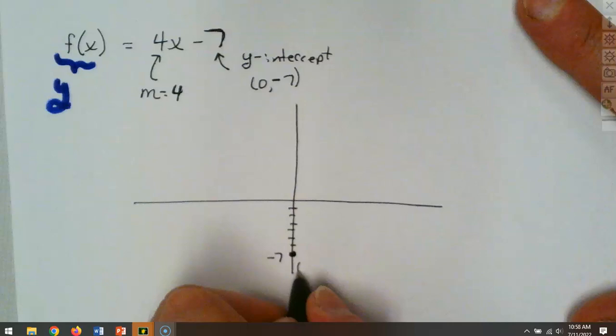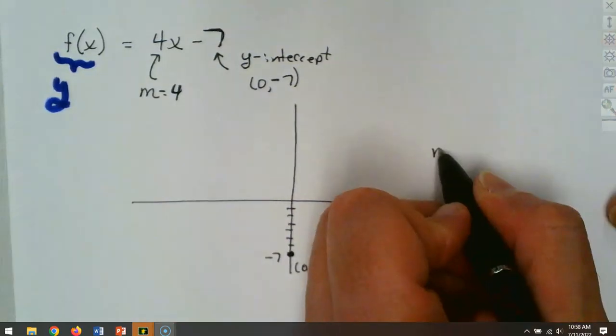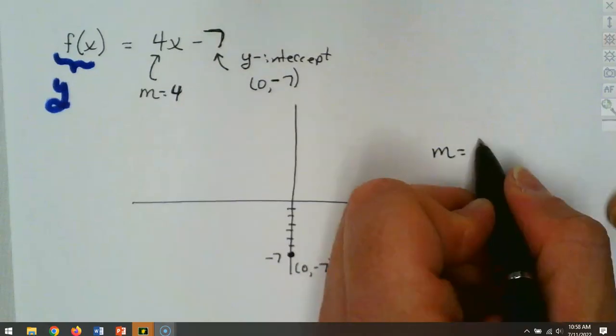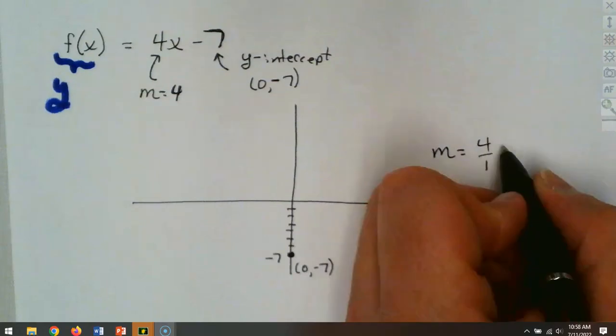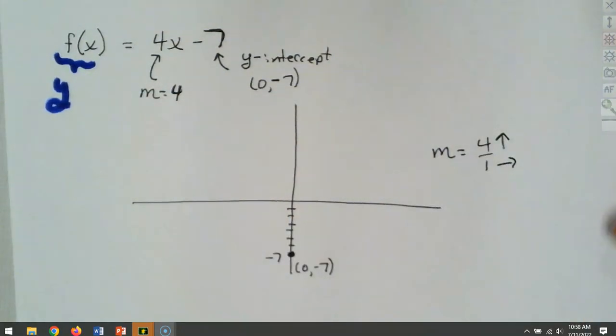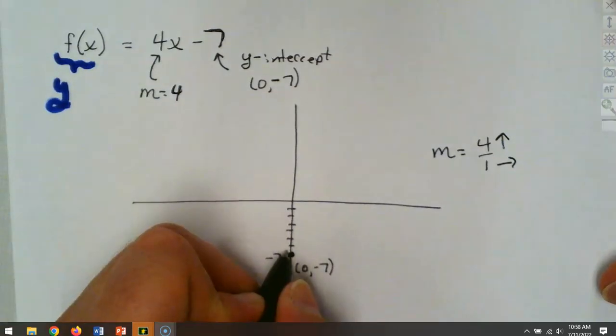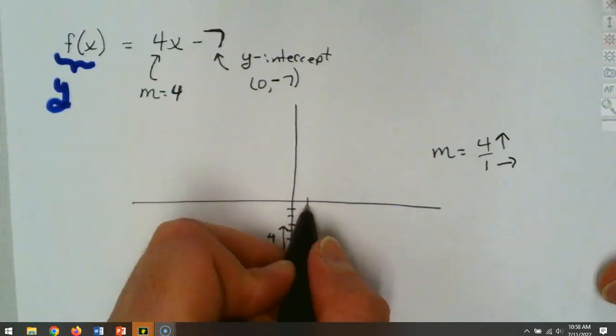So there it is at 0, comma, -7. Now what about my slope? Well, my slope is a 4 over 1. So that means we're going to have to go up 4 and over 1 unit. So we're going to go up 4 and over 1.